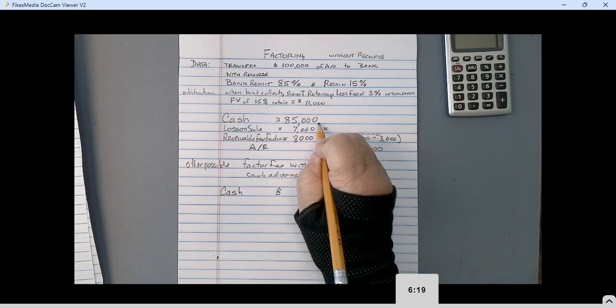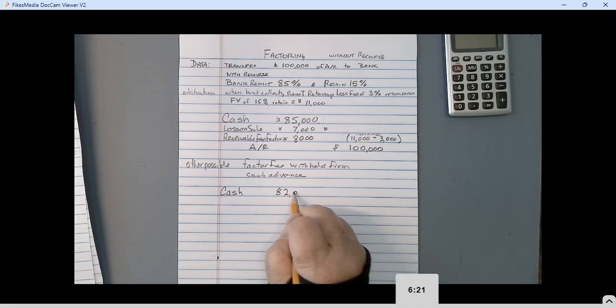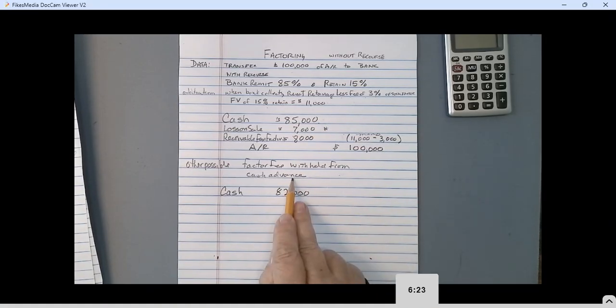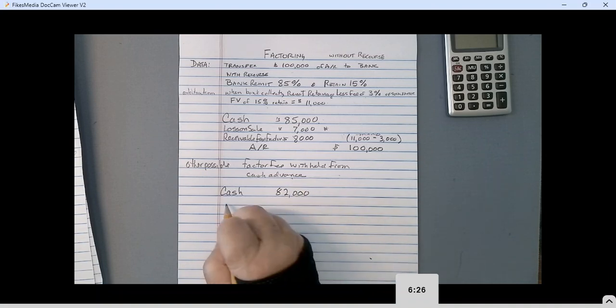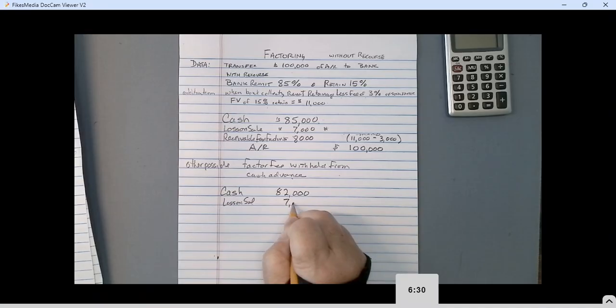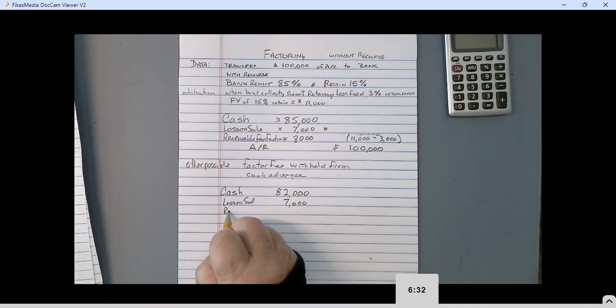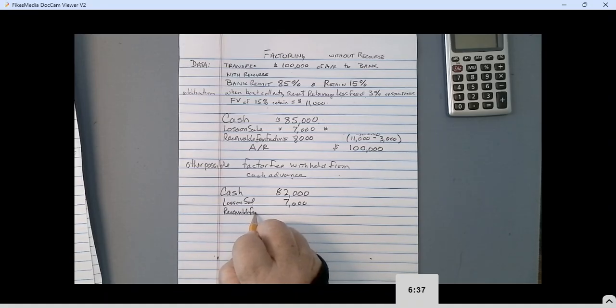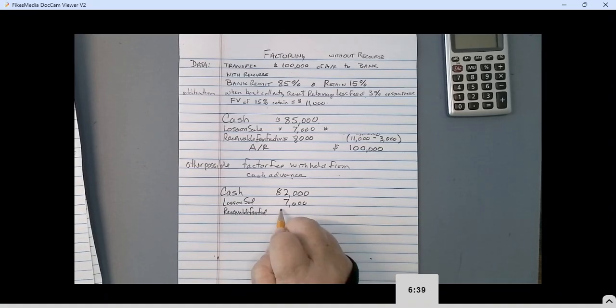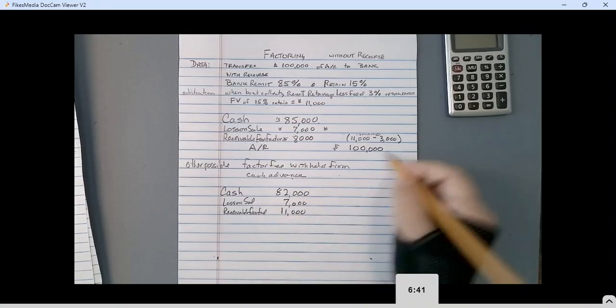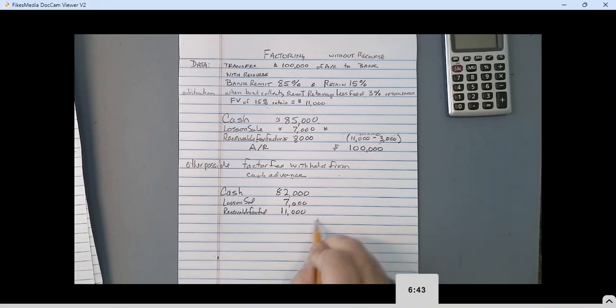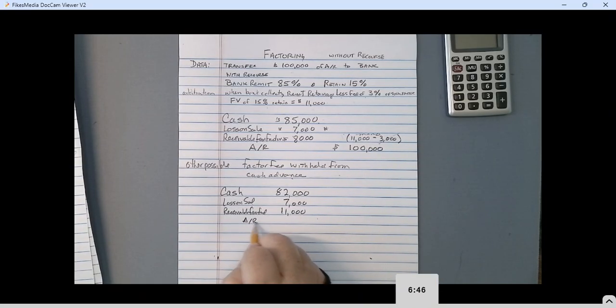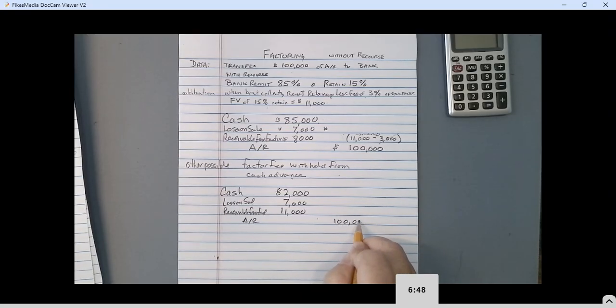So I'm going to subtract my fee from the cash advance. Loss on sale is still the same. Receivable from factor, okay, is 11,000 because I've eliminated this 3,000. And then my accounts receivable that I sold, I take off the books. The bank will do the collections for it.